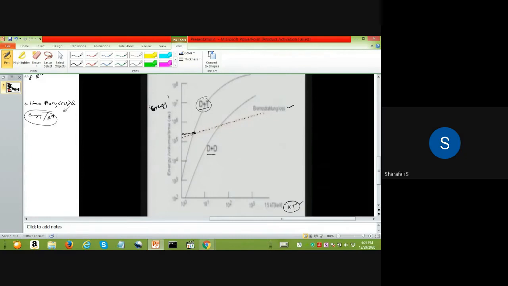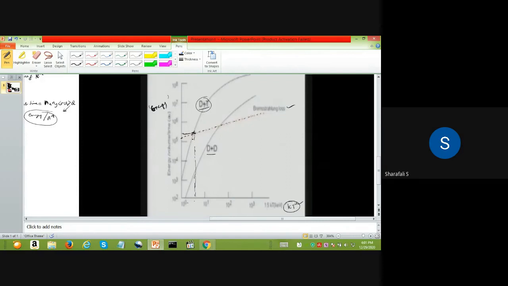So comparing these two in arbitrary units, the Bremsstrahlung loss starts around 10⁵. When you consider D plus T, it has energy which is more than that Bremsstrahlung loss, somewhere in between 1 and 10 kilo electron volt of kinetic energy kT.